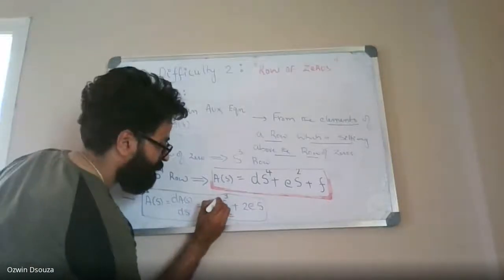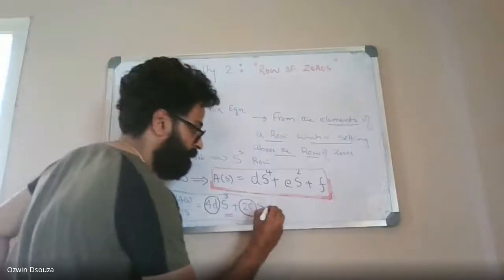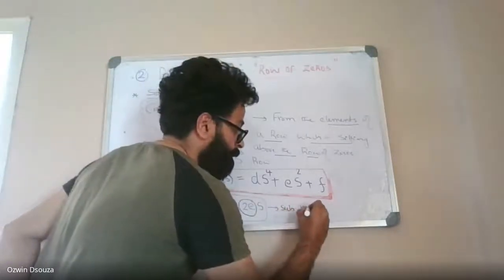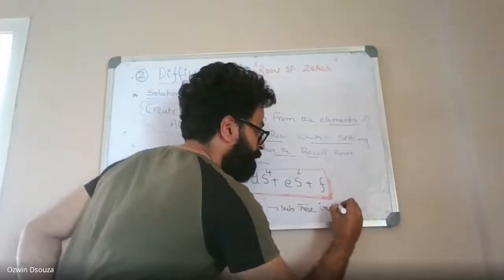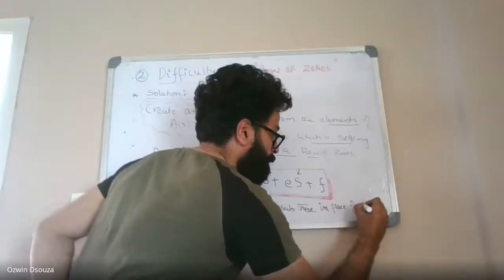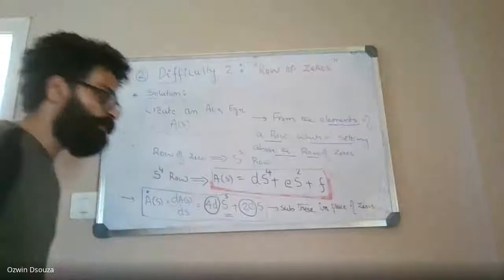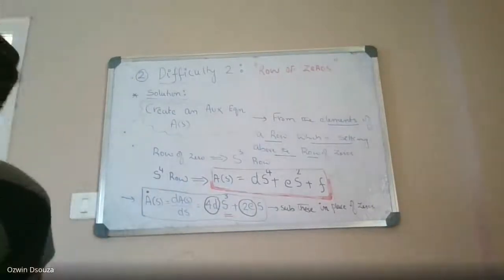That is 4D and 2E. So substitute these coefficients in place of the zeros. Okay. So let's do it.